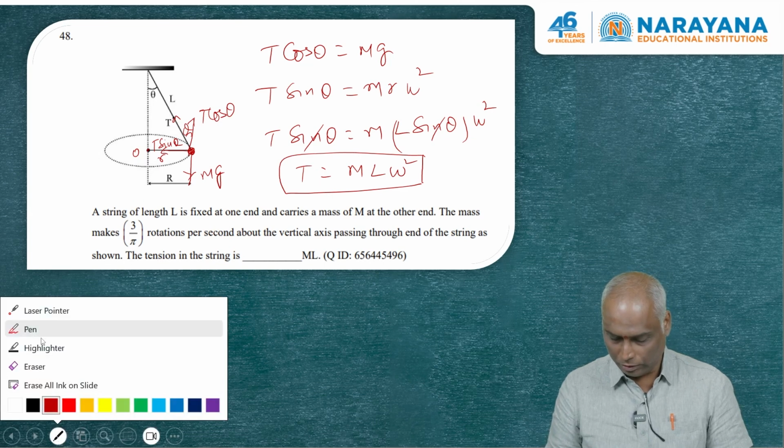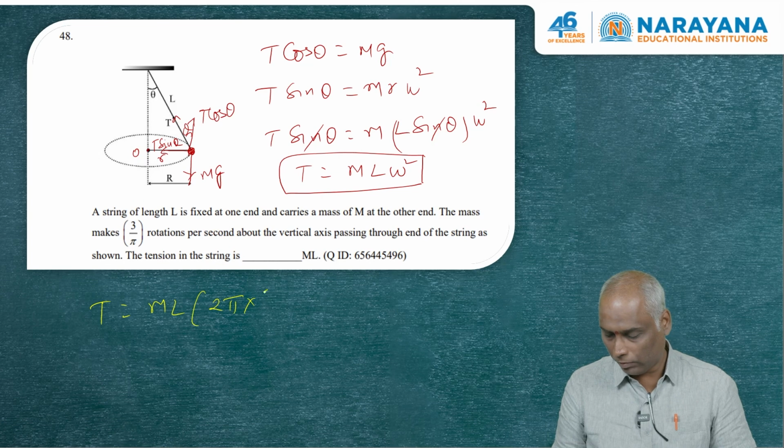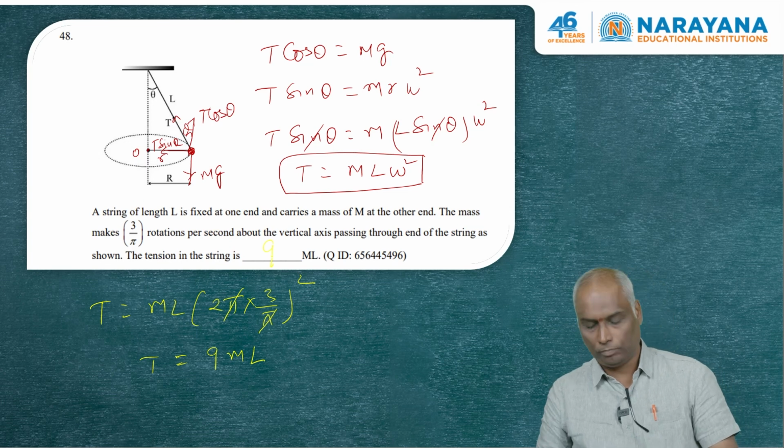Now T becomes equals to m L into omega, which is nothing but 2 pi into frequency. The frequency here is given as 3 divided by pi, whole square. So the value of T becomes equals to 9 m L. So this will be equals to 9. The answer is going to be 9.